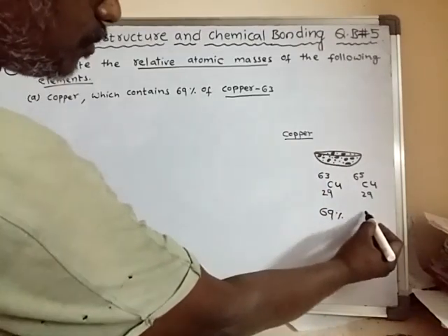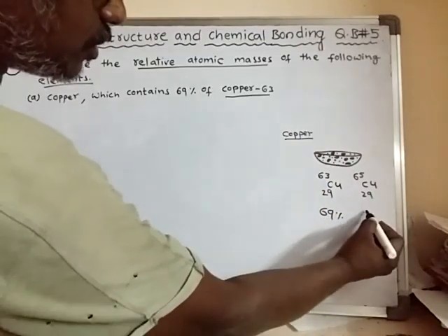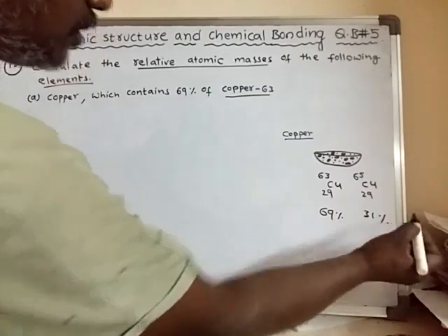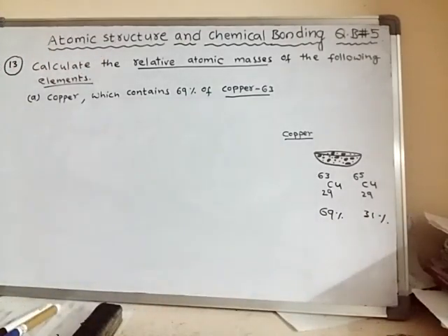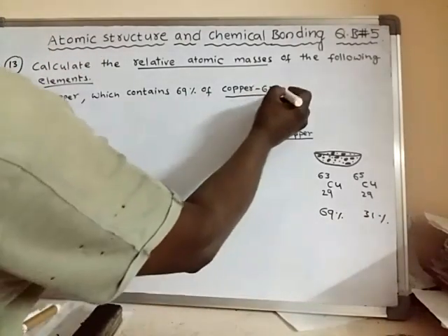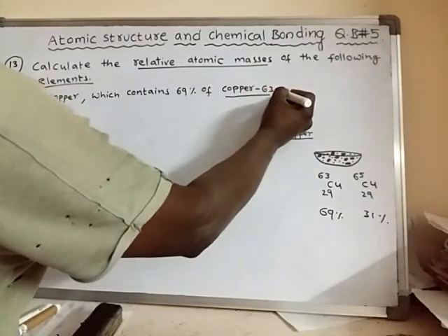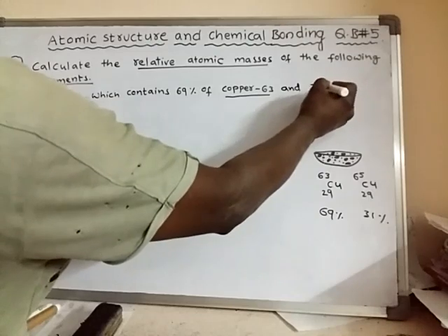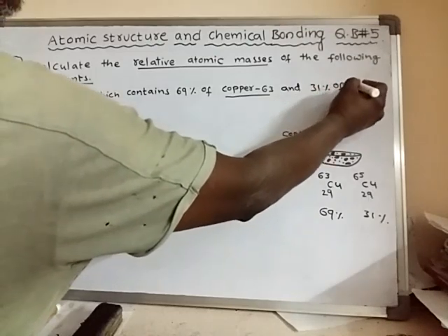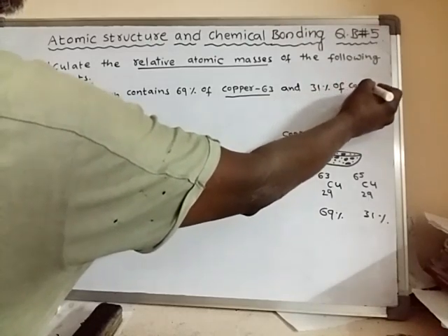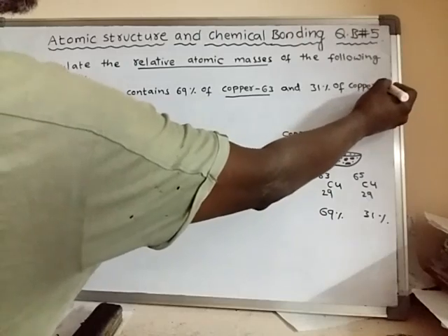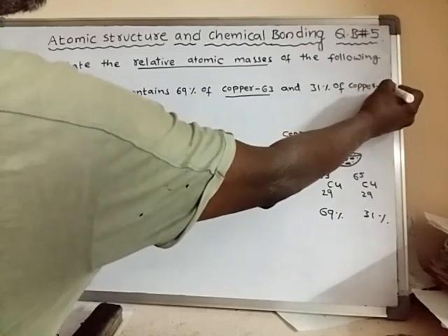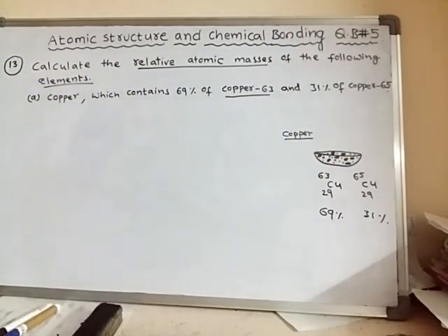It will be around 31 percentage of copper 65. So this is the question.